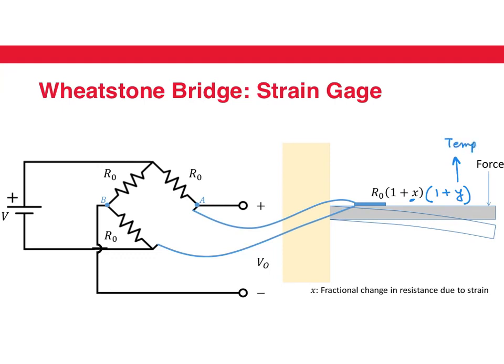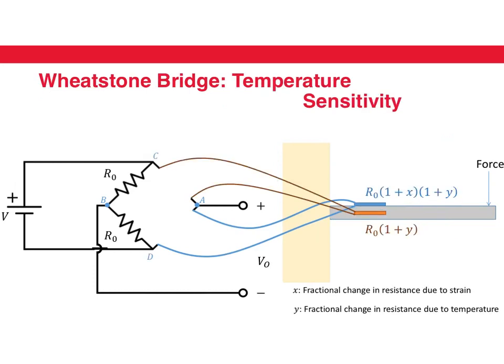Now, is there a way in which we can use the Wheatstone bridge to cancel out this effect of temperature? Yes, there is. We can put strain gauges instead of two of the resistors. One of these resistors is measuring the strain, and it also has the inadvertent change in resistance because of the temperature.